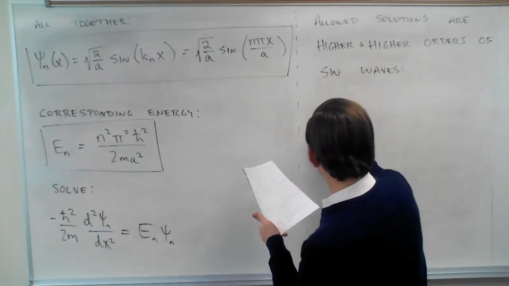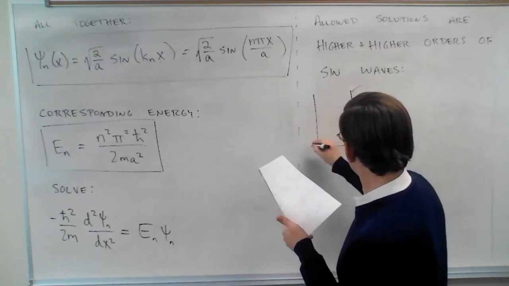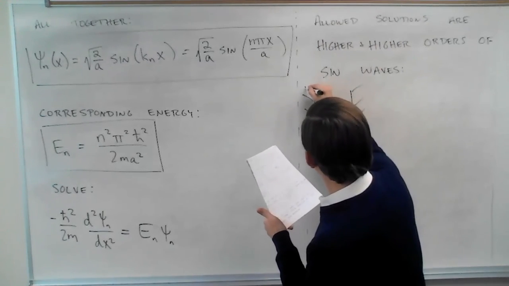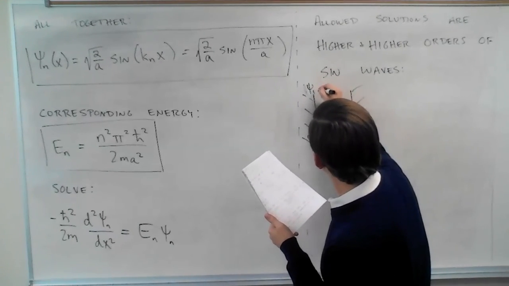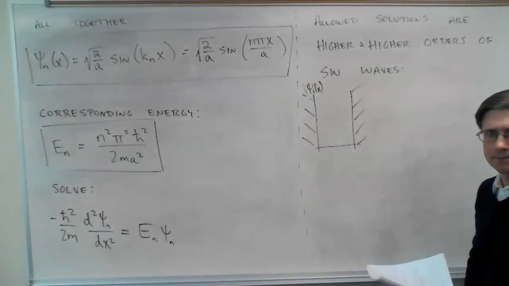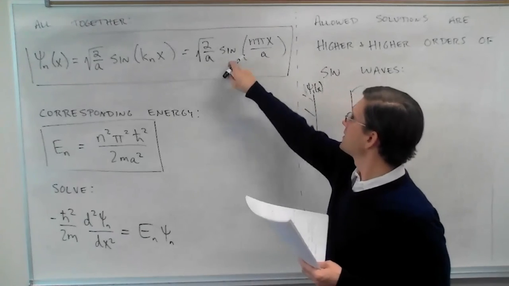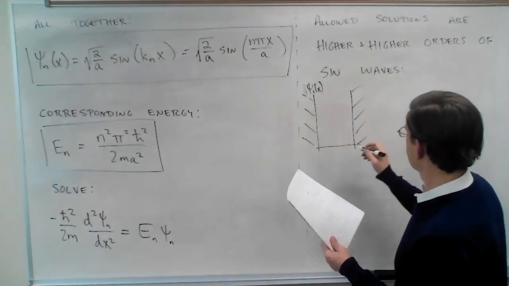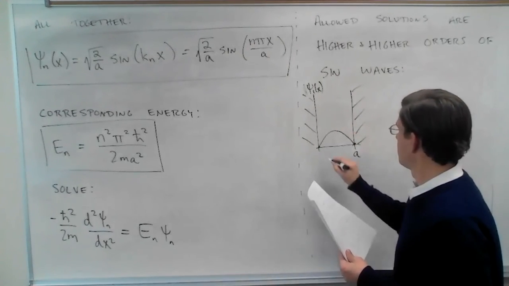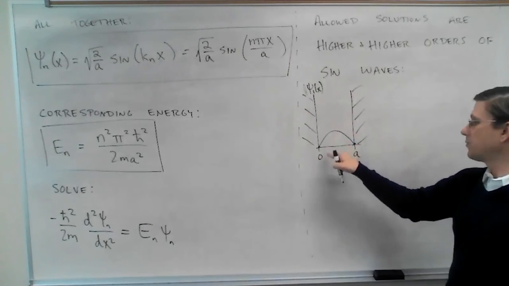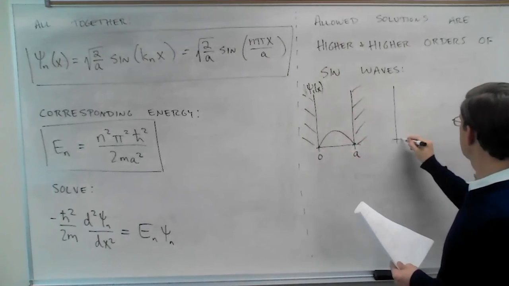So if I were to write down in our infinite well what is psi 1 of x? When n equals 1, we have the square root of 2 over a times sine of pi x over a. Okay, and sine of pi x over a between 0 and a is really just like the first bump in a sine wave.